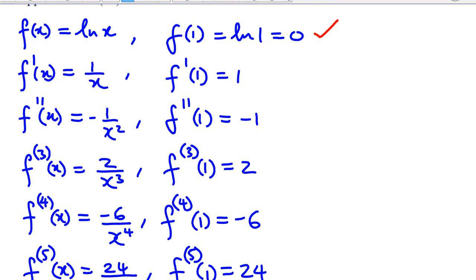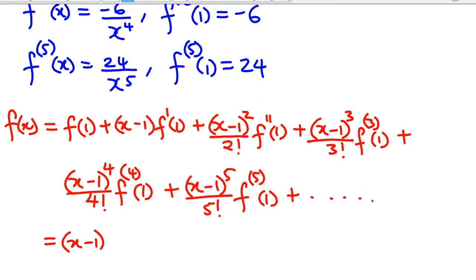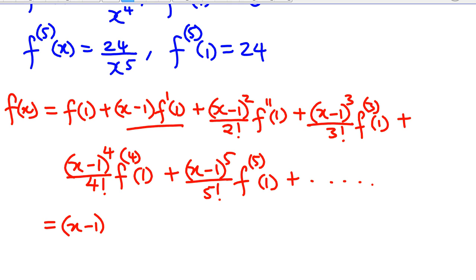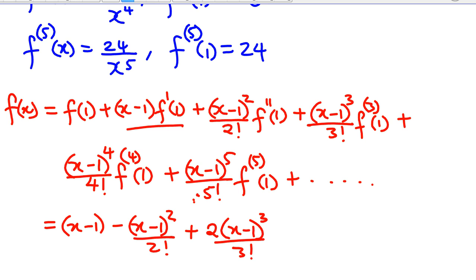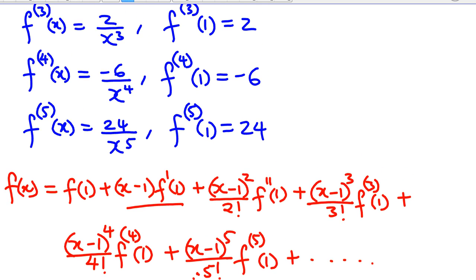And then the value of the first derivative at 1 is 1, which means we end up with this guy here, x minus 1. We're actually starting from there, minus x minus 1 squared over 2 factorial plus 2 times x minus 1 cubed over 3 factorial. Right, where did we get 2 from? Here.